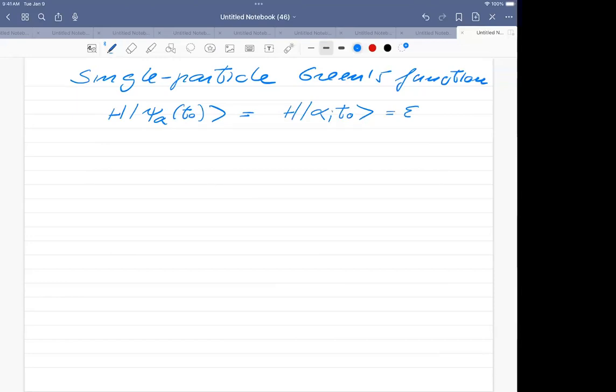So this is a single particle problem, the way we are starting it now. So think of this as a single particle Hamiltonian, a one-body Hamiltonian H, and this is just a one-body state. And we're assuming that this one is now given by some eigenstate α at a time t0.